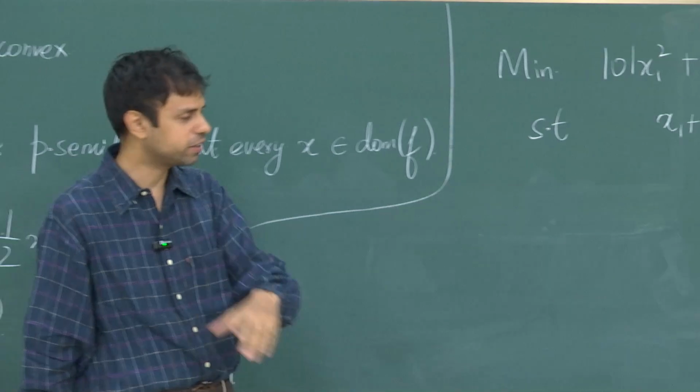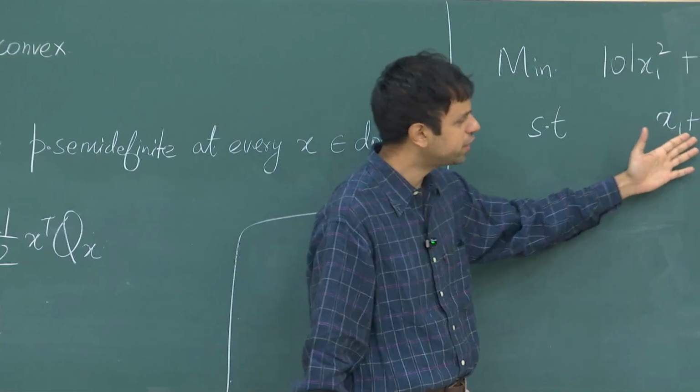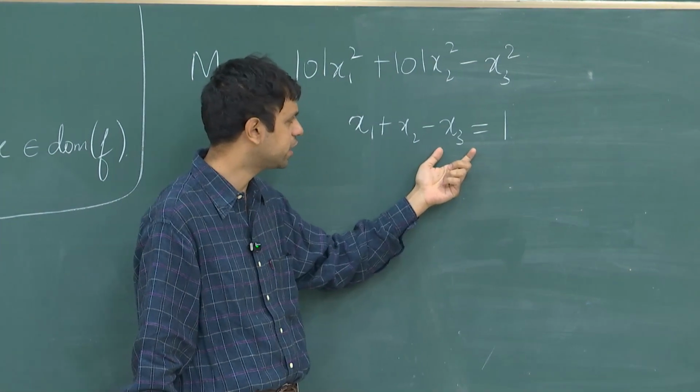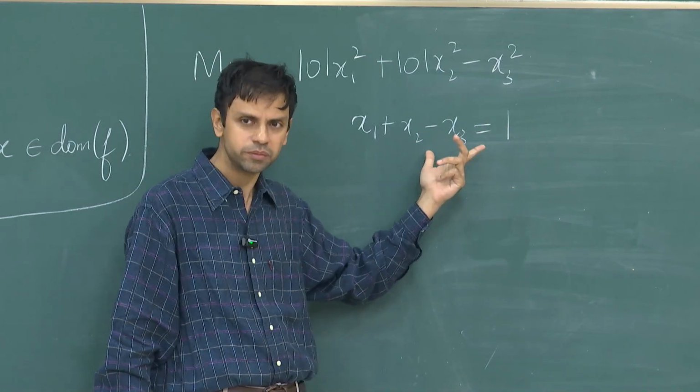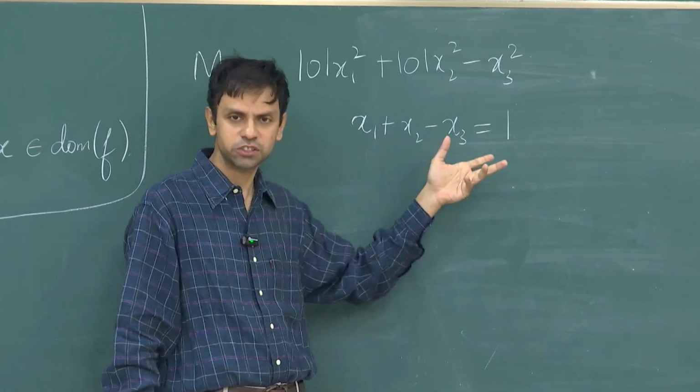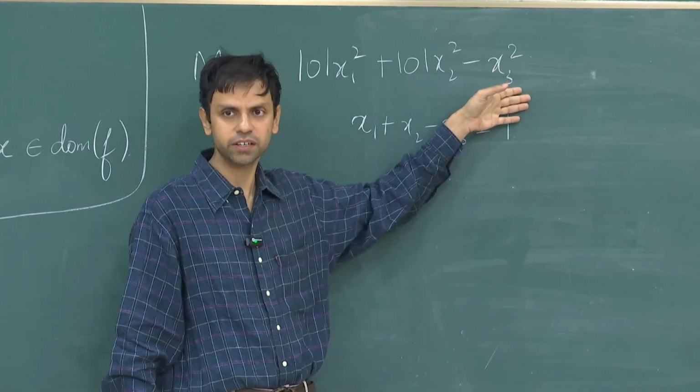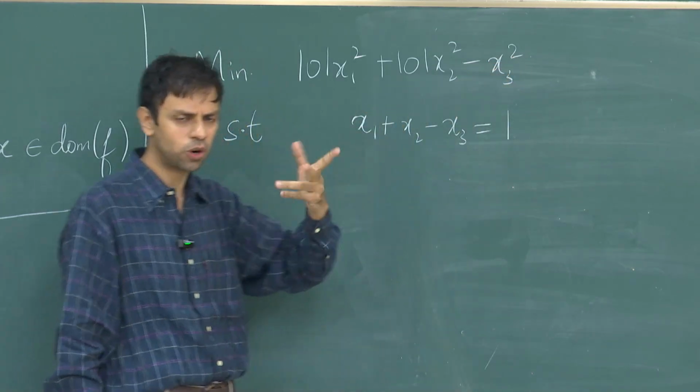But a simple trick of reformulating this, okay, so I can say that x3 is actually equal to x1 plus x2 minus 1, and substitute it here, okay. What will I get?